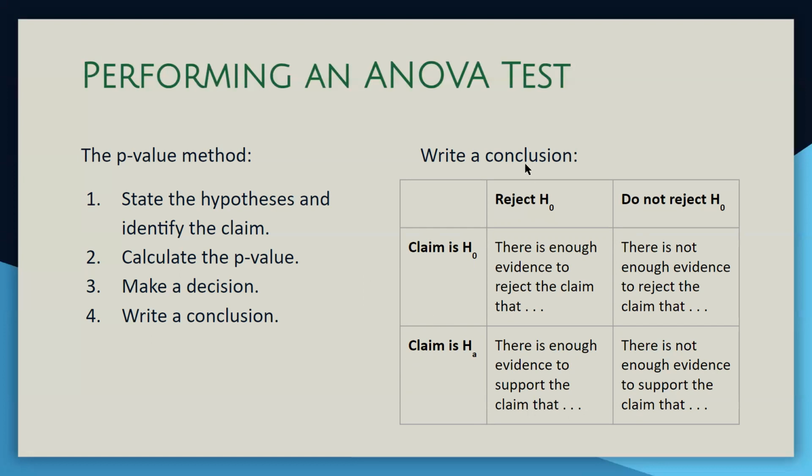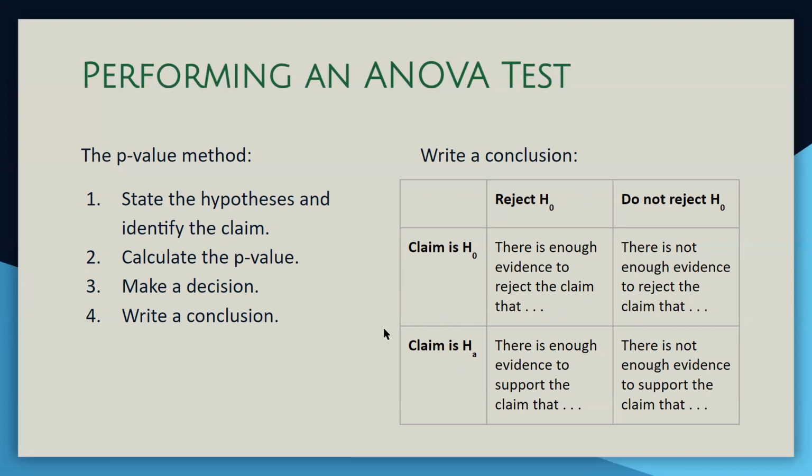So you'll notice in the reject column, there is enough evidence, there is enough evidence. So when we reject the null, there is enough statistical evidence to make a decision. Whereas in the do not reject null, there is not enough evidence. And then with the claim is the null row, you'll notice that keyword reject in both. There is enough evidence to reject, or there's not enough evidence to reject.